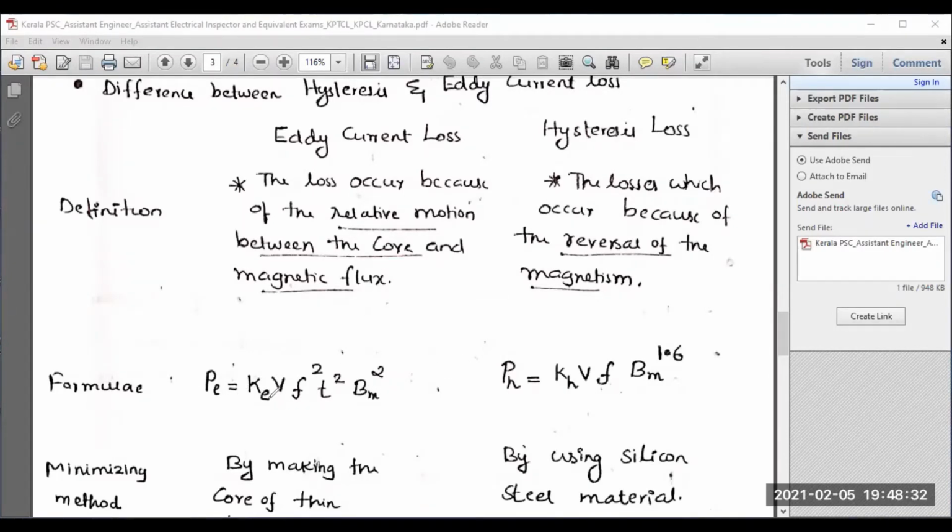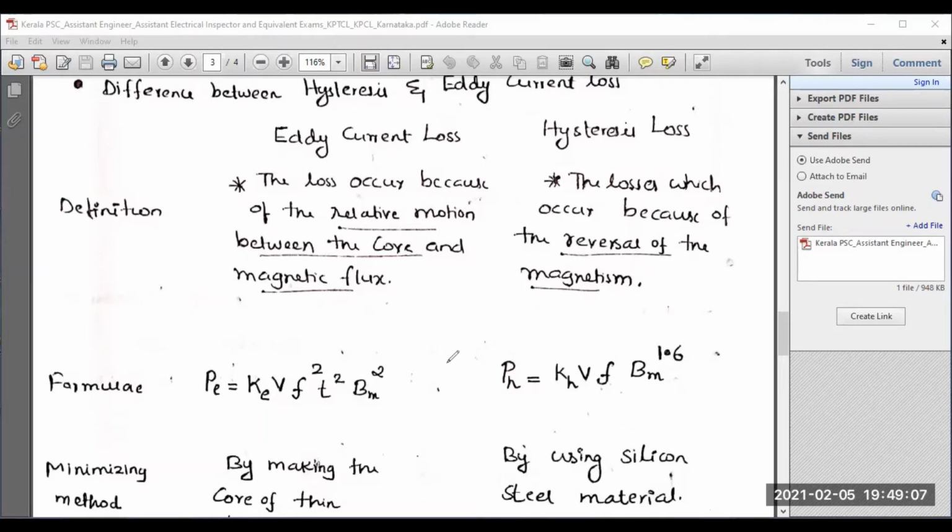Eddy current loss P is given by Ke V F square T square Bm square, where F is the frequency. So eddy current loss is directly proportional to frequency square and the thickness. Similarly, the magnetic flux density and V is the voltage where K is the eddy current constant. Regarding the hysteresis loss, PH is given by KH times V times F into Bm raised to 1.6. Okay, here hysteresis loss is also directly proportional to frequency, then voltage, and directly proportional to Bm raised to 1.6.